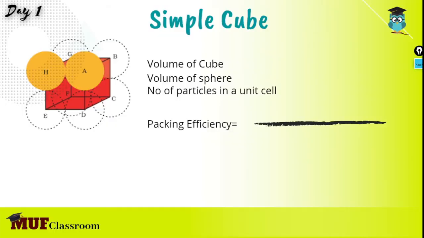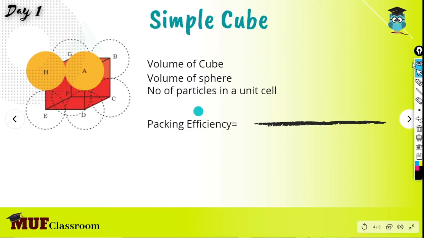In a simple cubic lattice, the atoms are located only on the corners, and therefore the edge length of the cube is considered as A, and the radius of the sphere is considered as R. Now we know that the volume of the cube is equal to A cube, and the volume of the sphere is equal to 4 by 3 pi R cube.